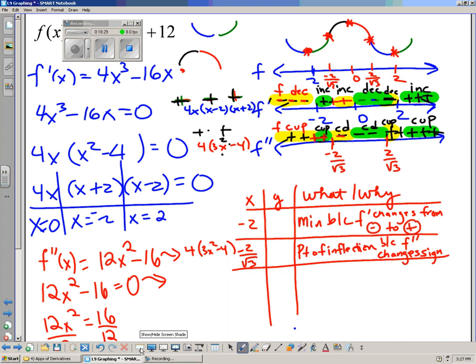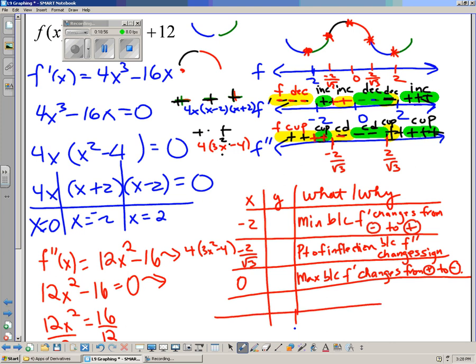Next important x value is 0. And at 0, we see that we have a max. Because f prime, this time, f prime explains mins and maxes, is changing this time from a positive to a negative.